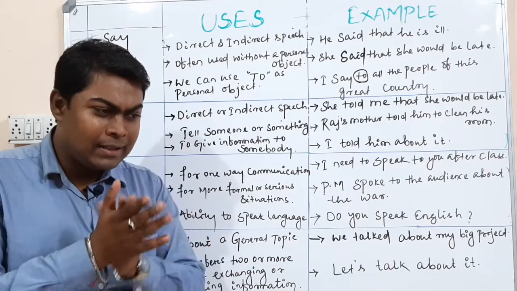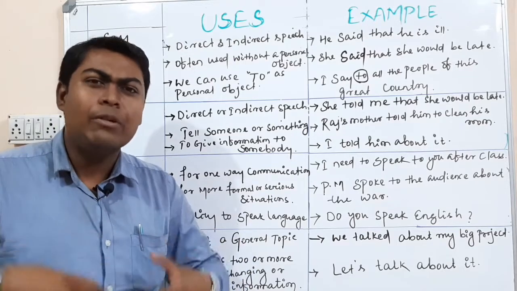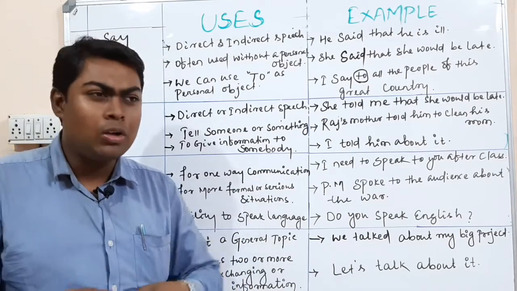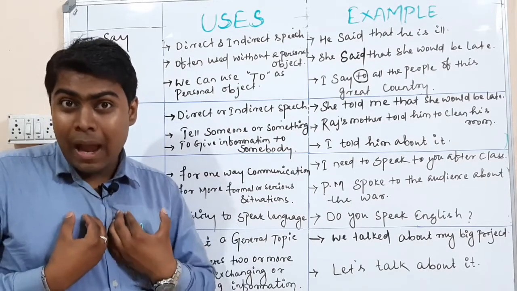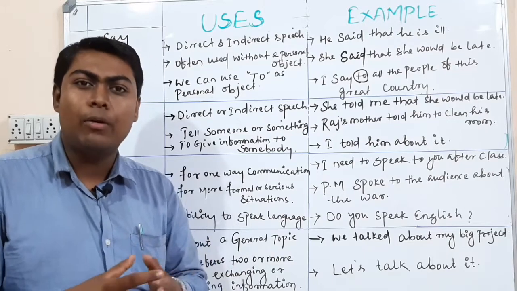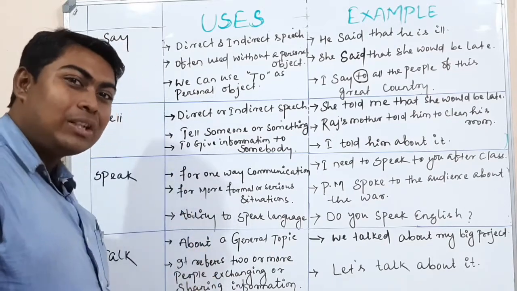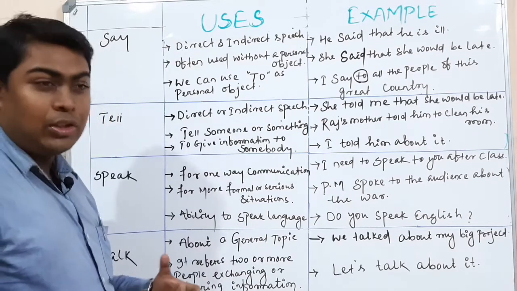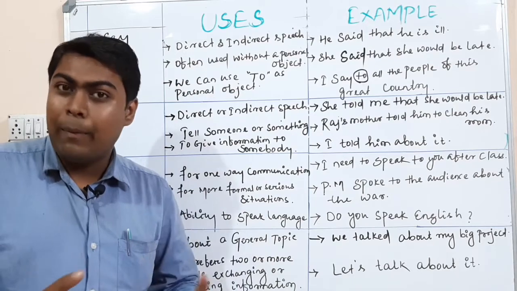Suppose I got some information or a topic, and not only me, both of us, me and one of my friends, are discussing the things. In that case, we can say talk. Like, let us talk about it. We can talk about it.